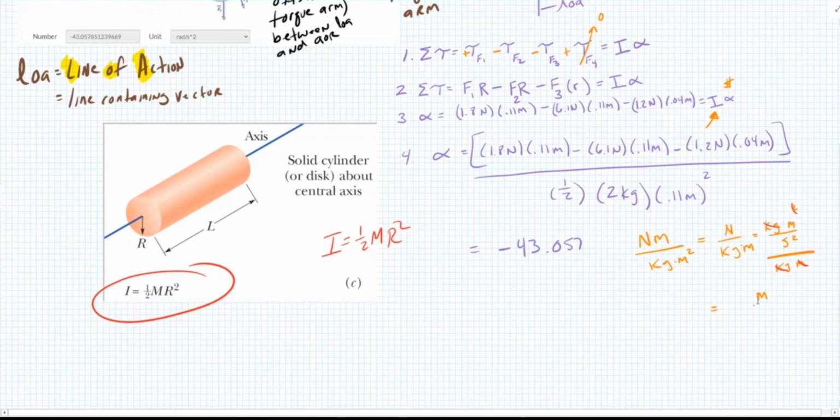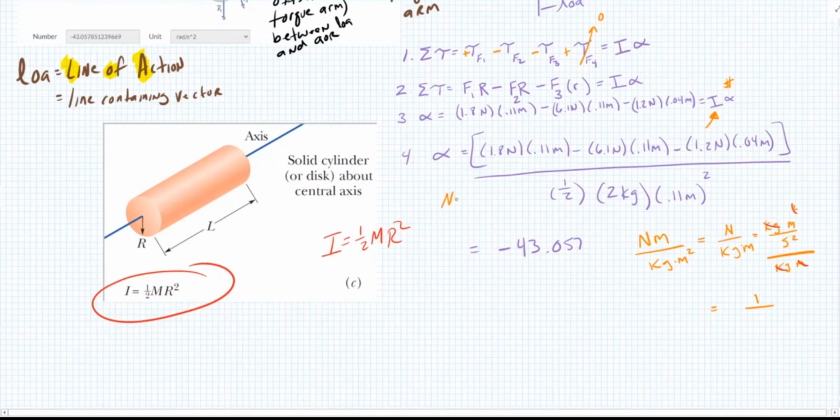So if I do the dimensional analysis, let me double check something.